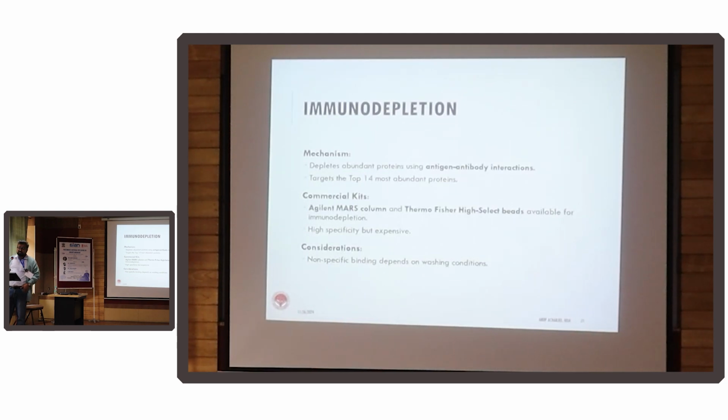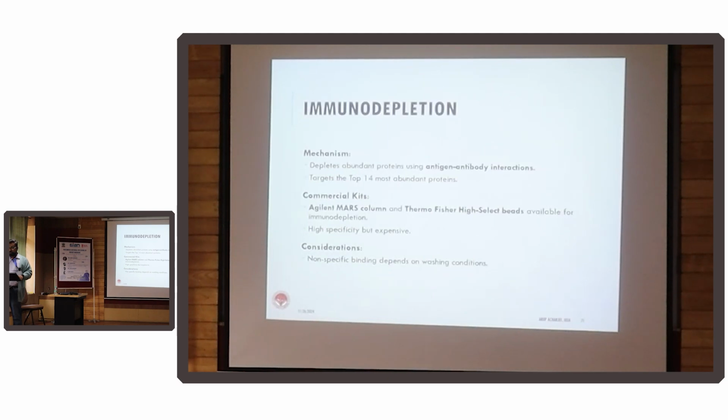There are commercial kits for that. Agilent gives the MARS column, Thermo Fisher gives High Select beads. There is also something from Pierce, which is again a brand now owned by Thermo Fisher, but as I said, it's extremely costly, around 14 to 15,000 per column. So if you have to process maybe 100 samples, at least to get something of big data to give to Professor Graham, some data from 100 patients, that itself will cost you in lakhs, in crores rather.